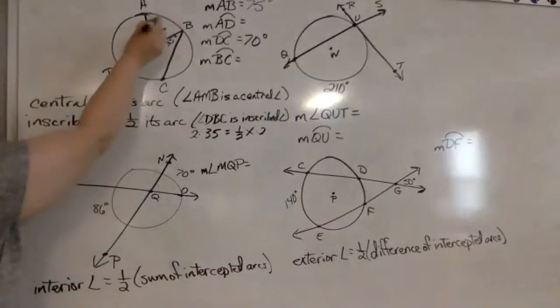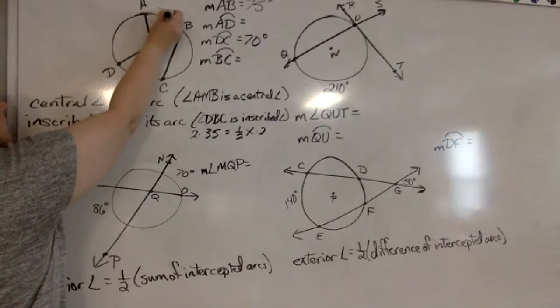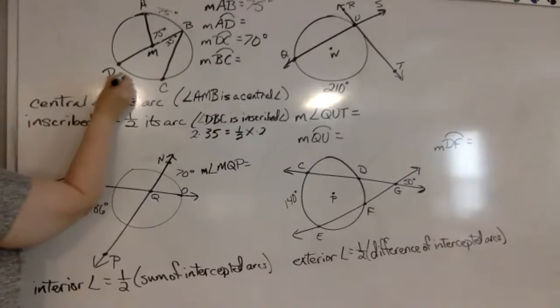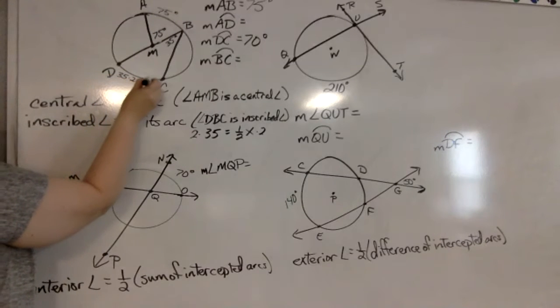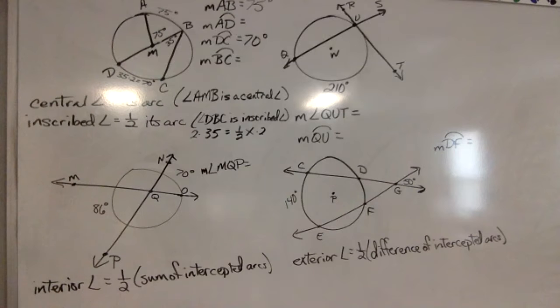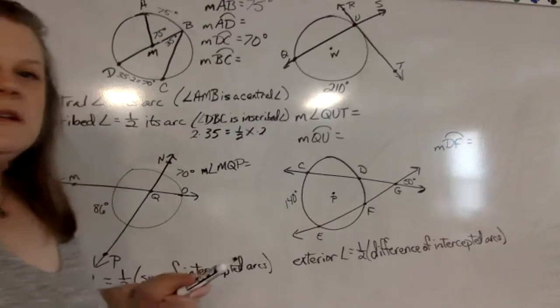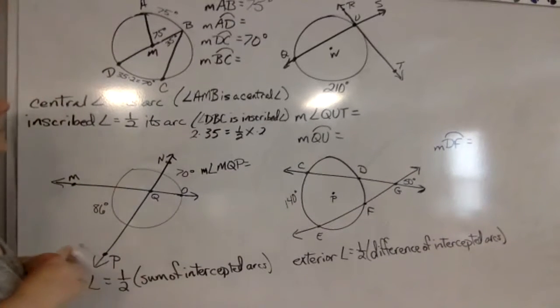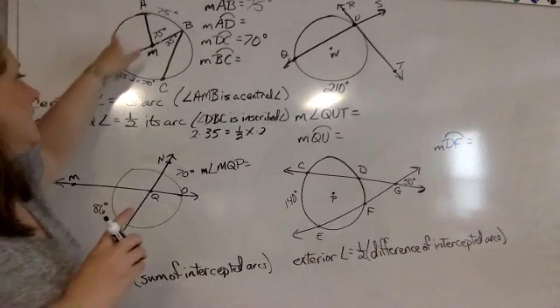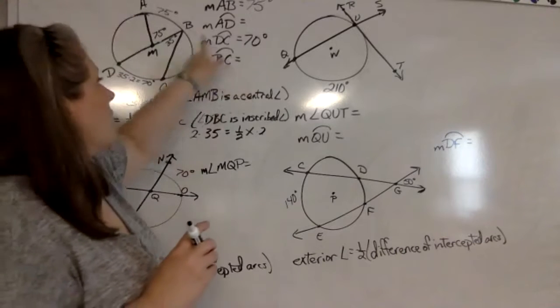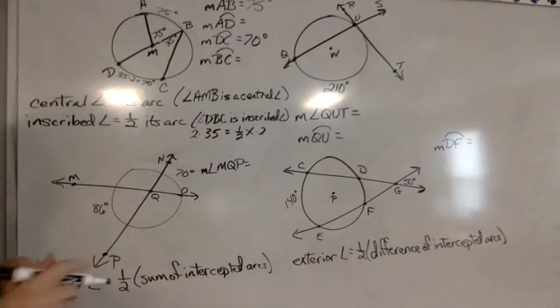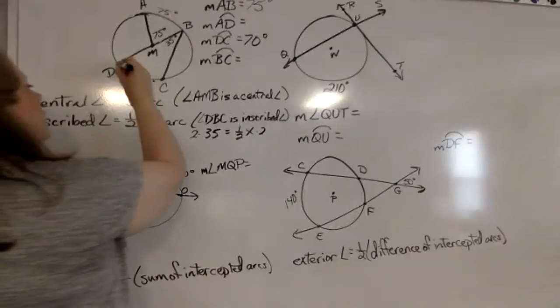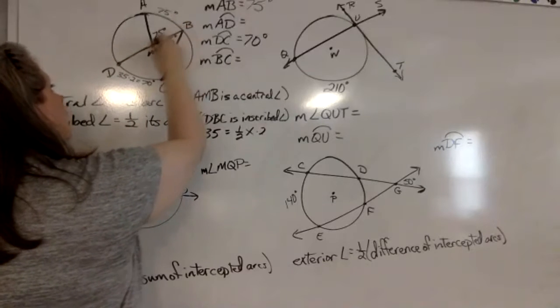Okay, so this one we said was 75. This one was 35 times 2, or 70, because the angle is equal to half the arc. Okay, now the next thing that we got to do is I also wanted to know the measure of arc AD and the measure of arc BC. Now, to find those, first of all, I have to know what this is right here.